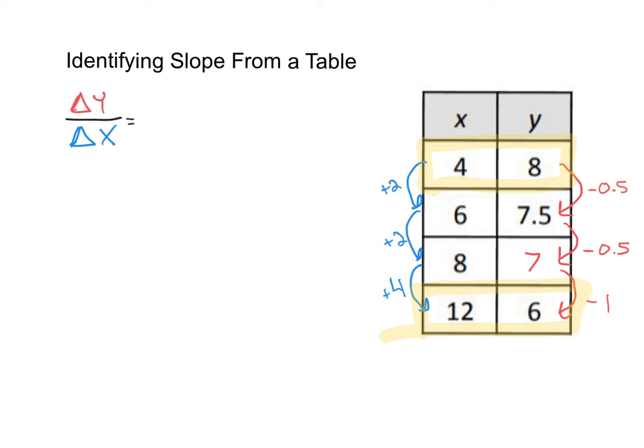So altogether, my change in x from 4 to 12 was 8. I added 8 there. And my change in y, from 8 to 6, I subtracted 2.